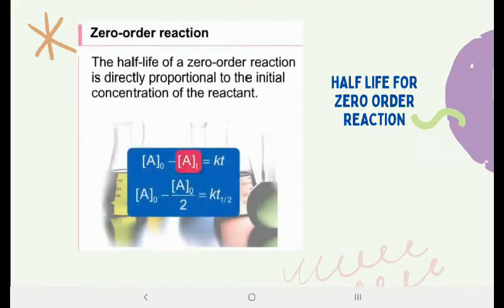Substituting A_t by A0 over 2 in the concentration-time equation gives a final equation for the half-life as follows. T half equals A naught per 2K. Hence, the half-life of a reactant increases as its initial concentration increases.